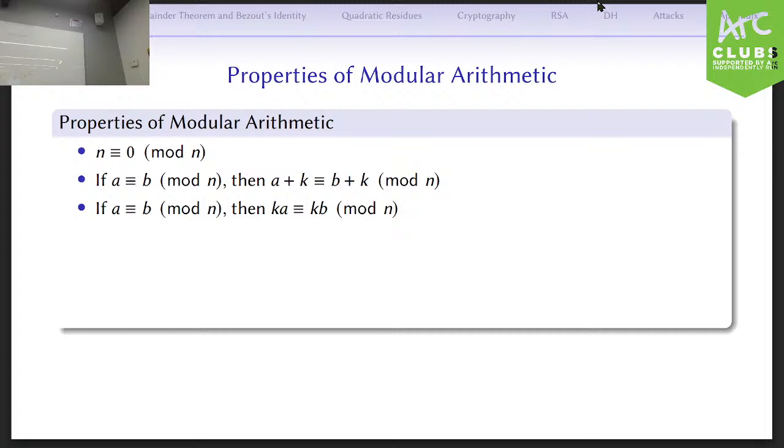You have A equivalent to B in mod n. If you add these up k times, because they're the same congruence, you have Ka is equivalent to Kb in mod n. That is the simple part of it. But the previous part I was showing will come into effect later.